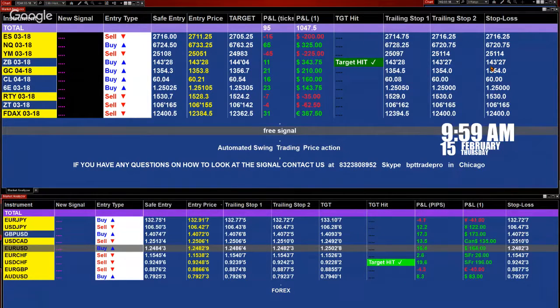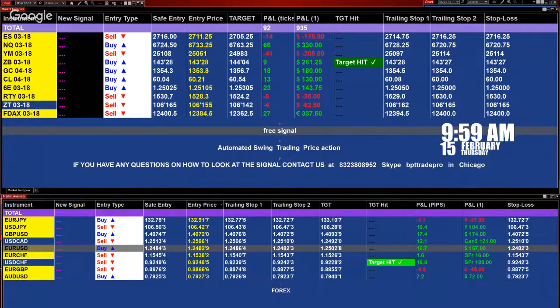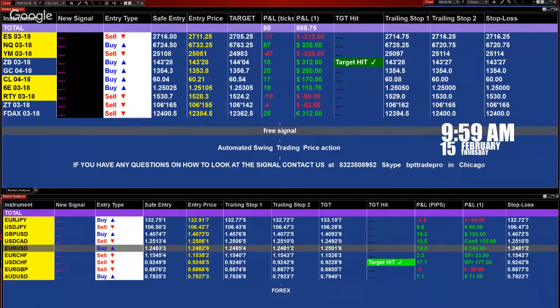We have 3 different automated systems. This is one of them, the price action automated system. And then we have the trend exit, and we have the scalping. So we have 3 different major automated trading systems, and this is one of them.